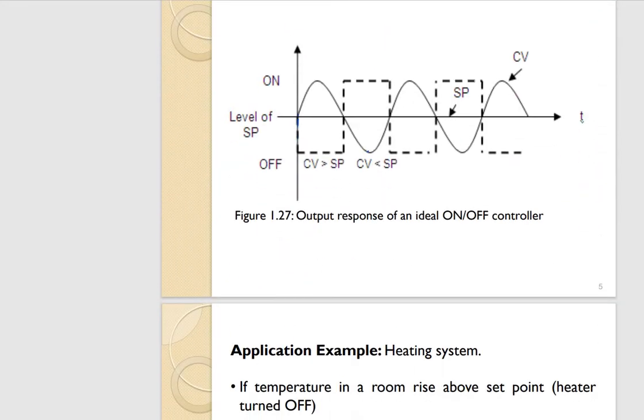Okay, this is the graphical response for on-off controller. In the case the control variable is greater than set point, it means this control variable has already exceeded the set point, so the controller will ask the final element to shut off.